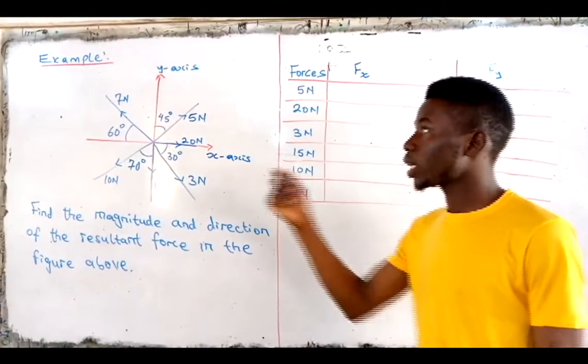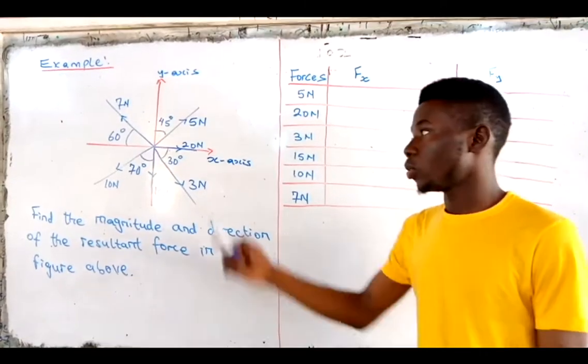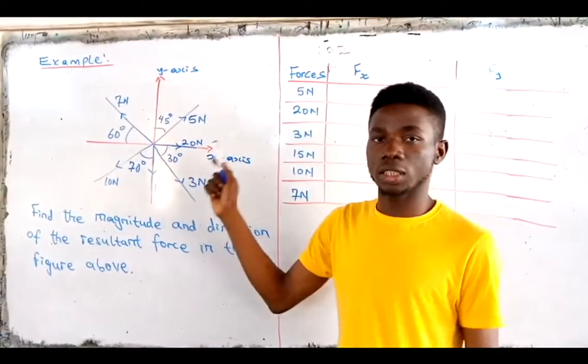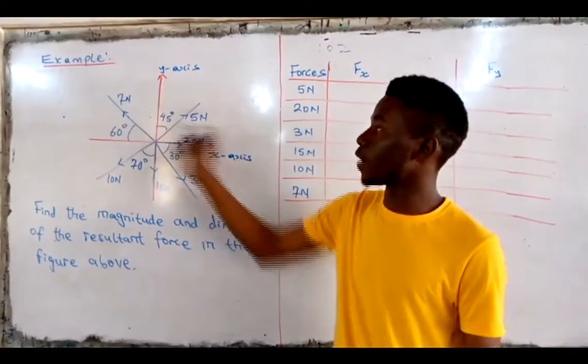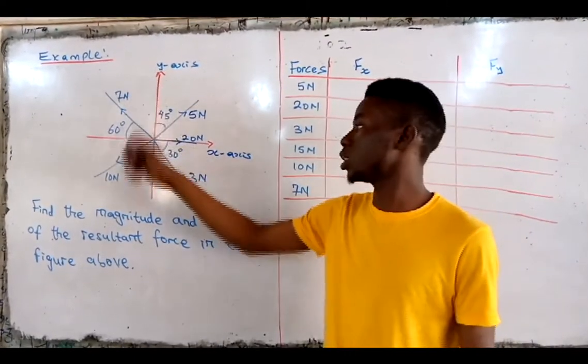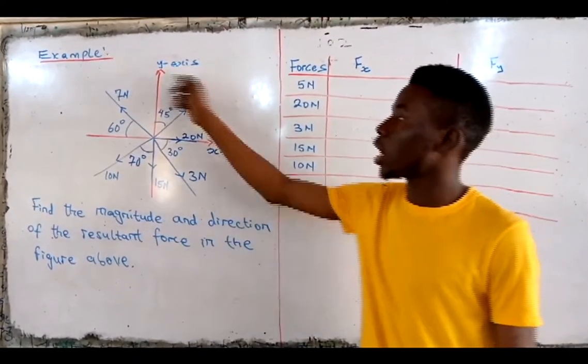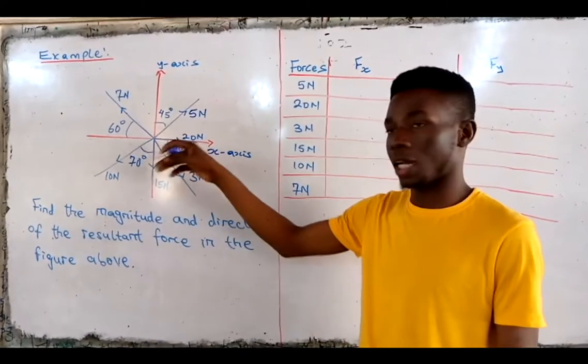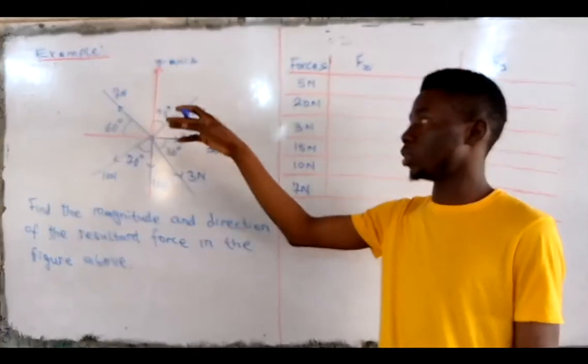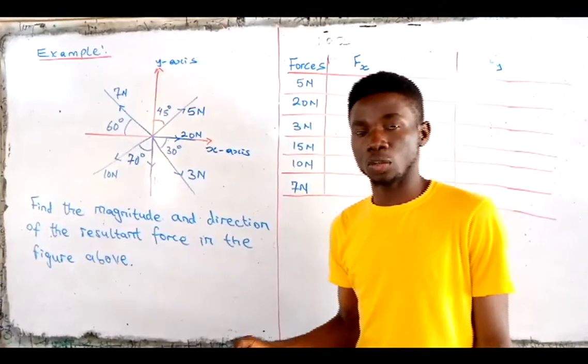Okay, let's take an example. We have different forces, 5 Newton, 20 Newton, 7 Newton, and so on, acting in this figure at different directions with respect to the x-axis and the y-axis respectively.